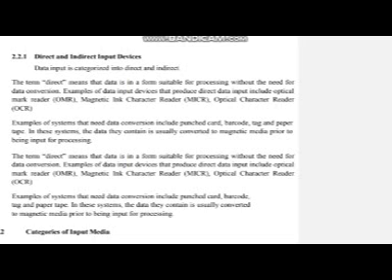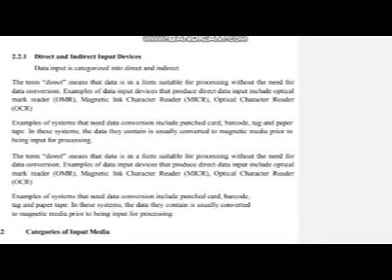Examples of input devices that produce direct data input include optical mark reader, magnetic ink character reader (MICR), and optical character reader (OCR).